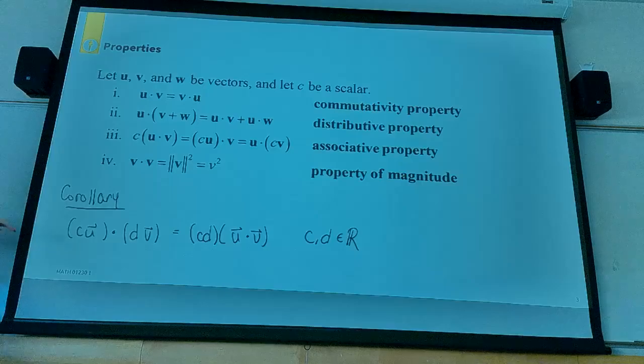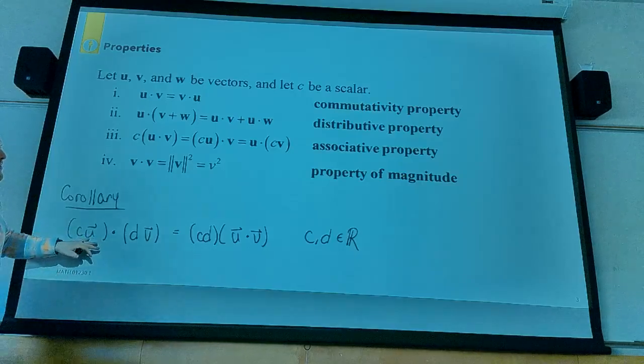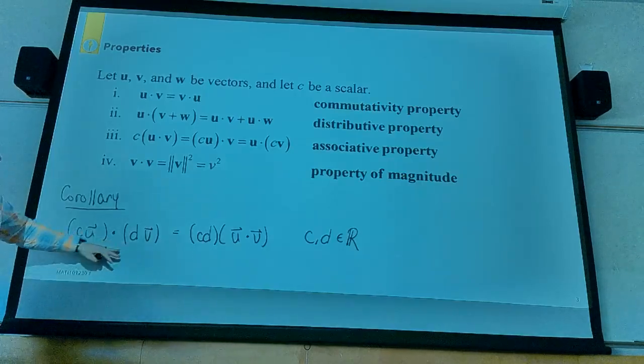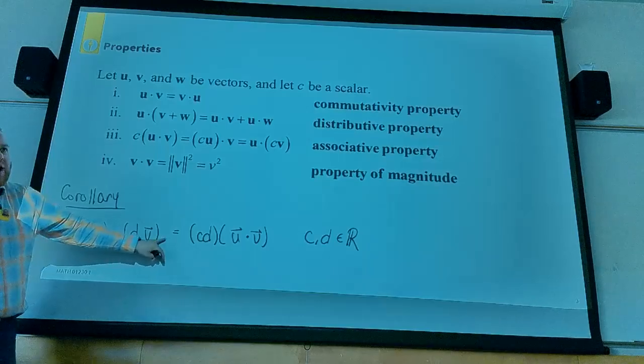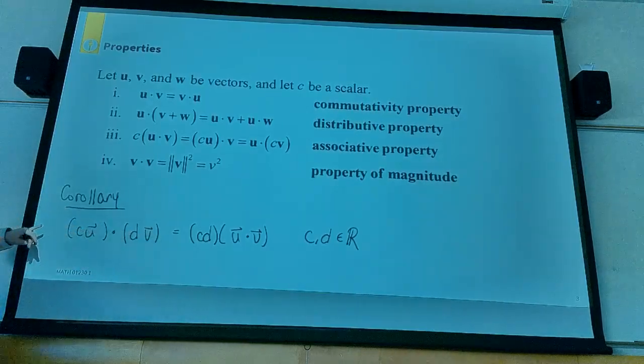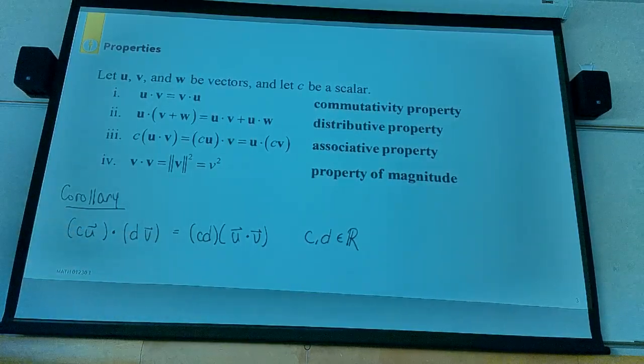And again, this can extend to, actually, no, it can't. You can't have a triple dot product. u dot v dot w is undefined, because that would be a scalar dotted with a vector, which doesn't exist. Can't do that.